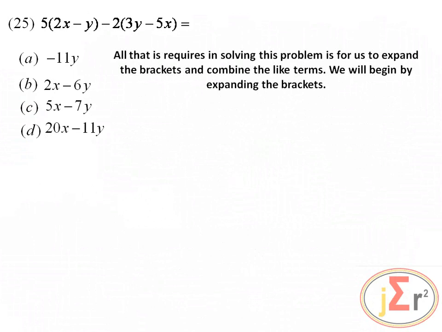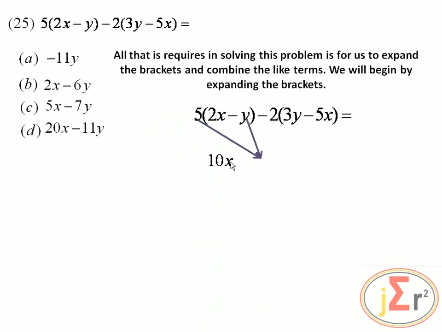All that is required in solving this problem is for us to expand the brackets and combine the like terms. We will begin by expanding the brackets. So we have 5 times 2x, that will give 10x. Then 5 multiplied by negative y is negative 5y.